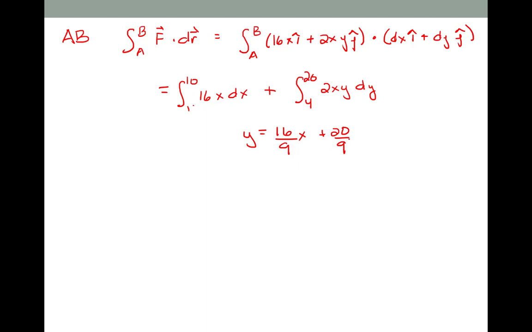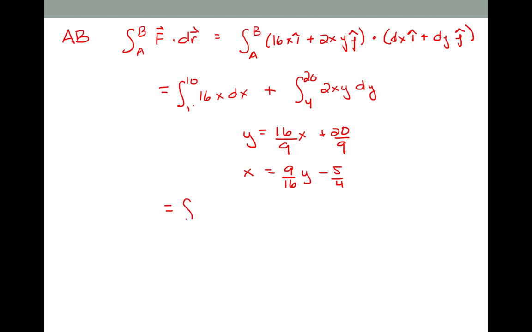In order to use this, I need to solve for x. So x will equal 9/16 times y minus 5/4. I'm going to leave that as an exercise for you: one, to find the equation for the line if you really want to verify it, and also to rearrange it to solve for x.